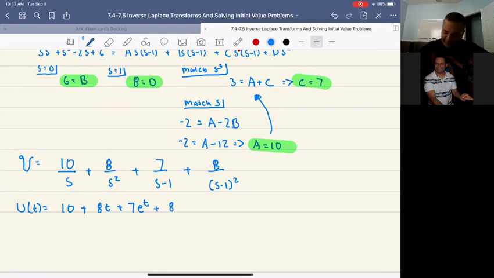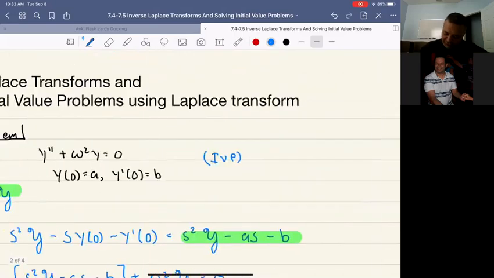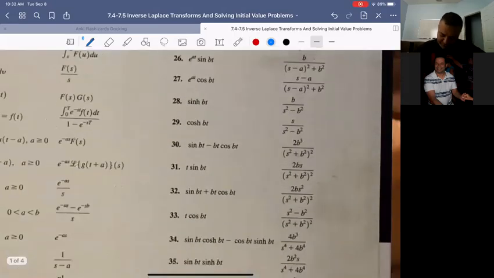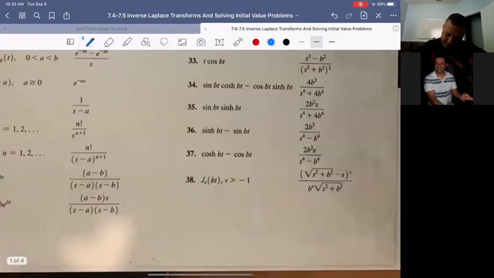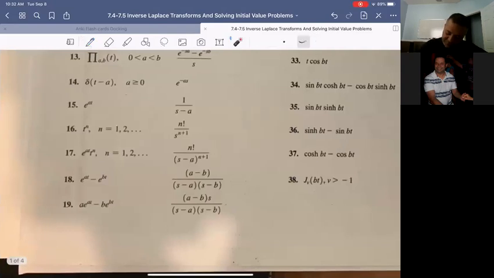Let's take a look at our inverse Laplace transforms. s minus 1 squared, well, that's going to be e to the t times t, so t e to the t.